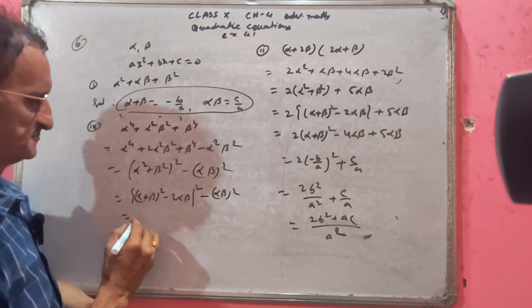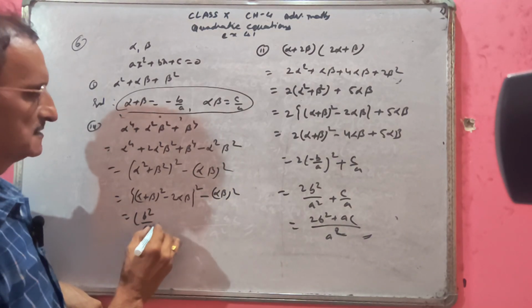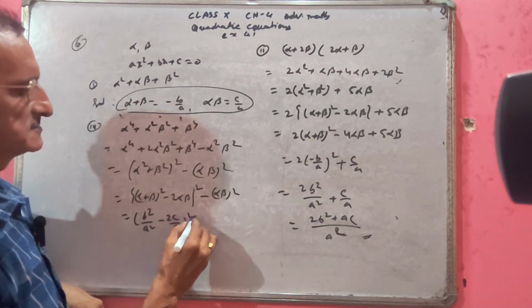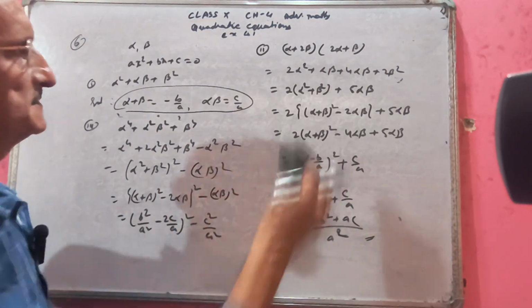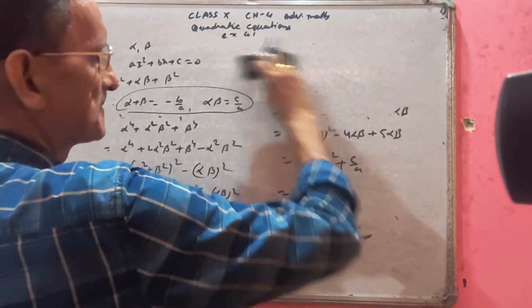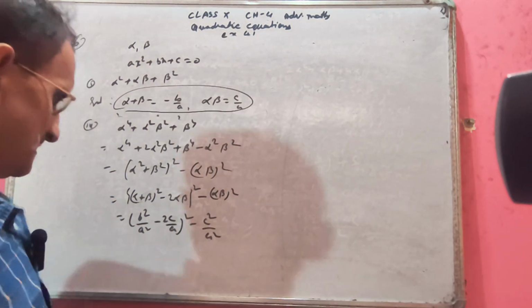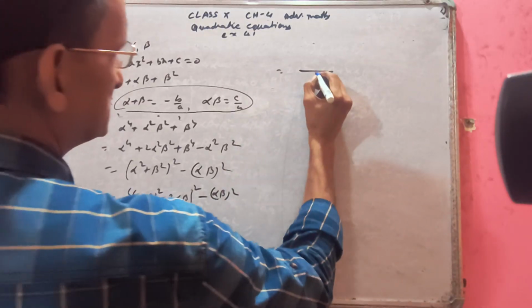Now put the value. What will we have? Minus b by a whole square means b square by a square minus 2c by a whole square minus c square by a square. Little bit simplification is there, so simplify. So when you will simplify, what you will get? What is LCM here? A square is LCM.